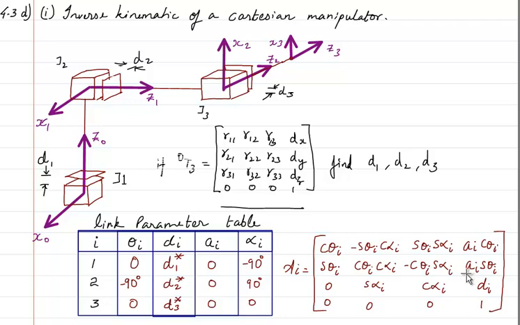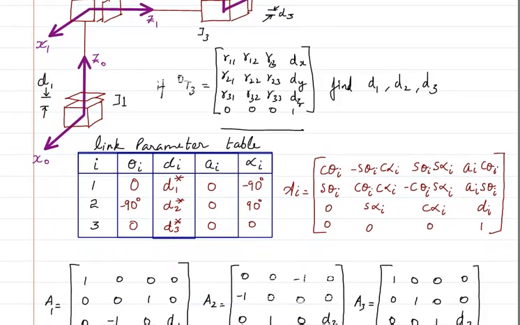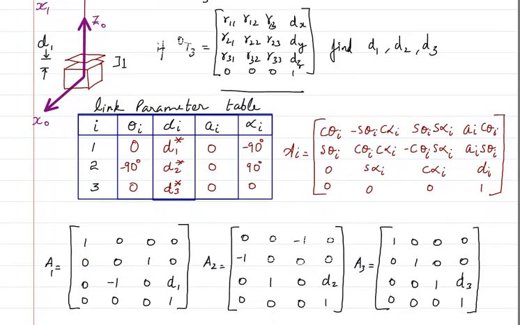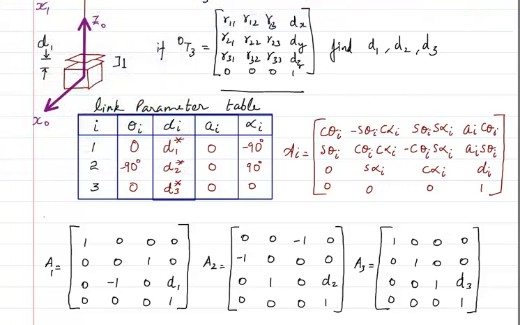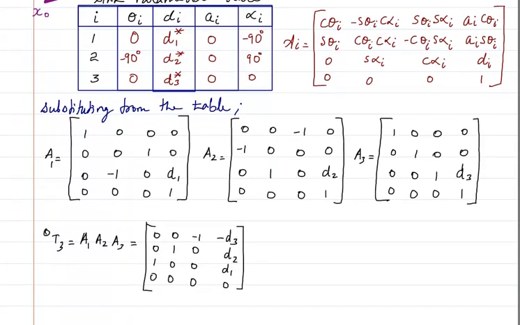Thus, in our case also, we can substitute the values of theta, d, a and alpha from the link parameter table to find the a1, a2 and a3 values, and the multiplication of all of these will give me this equation.